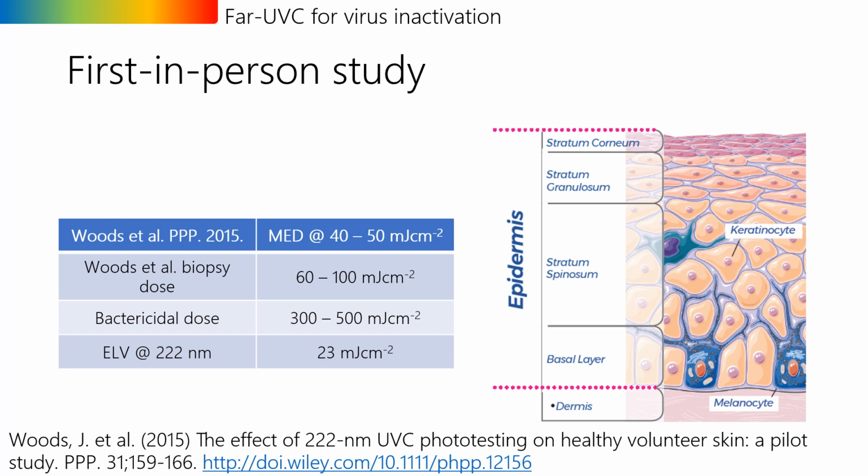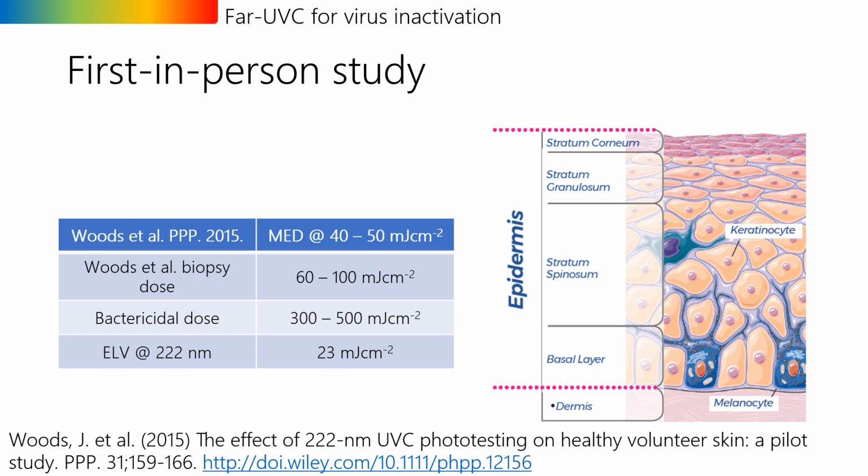However, of the 4 subjects that had been tested, the investigators found that there was erythema at doses between 40 and 50 millijoules per centimetre squared. To put that in context, the ICNIRP exposure limit value at 222 nanometers is 23 millijoules per centimetre squared.